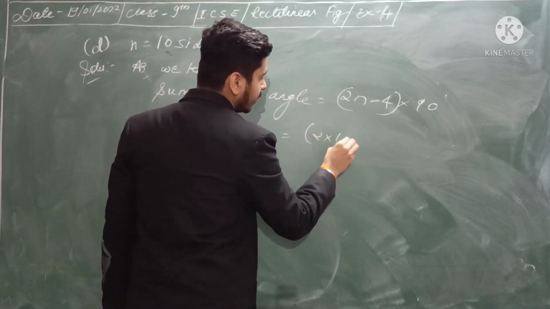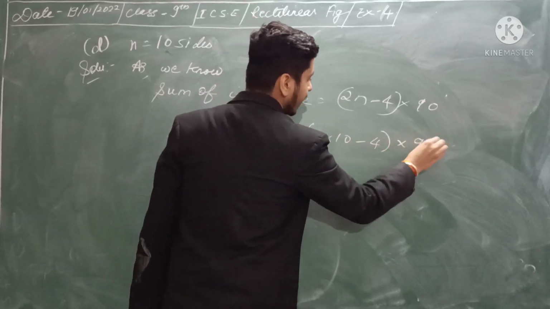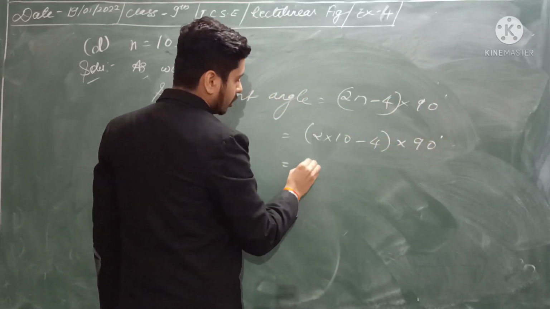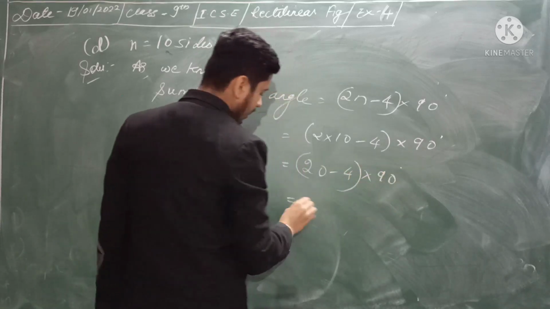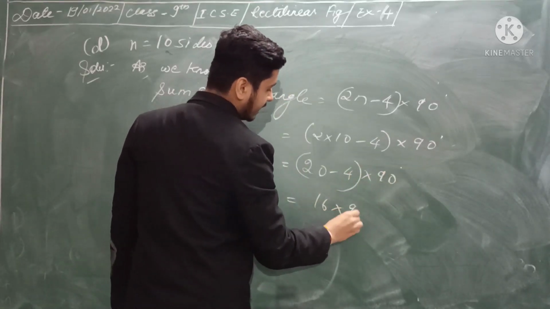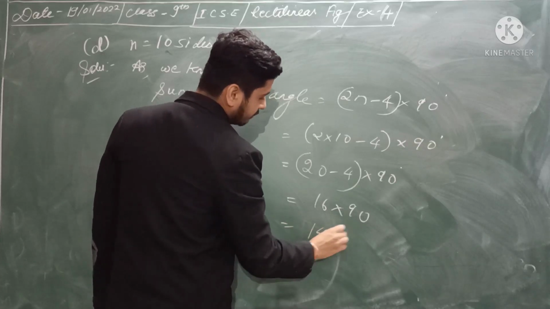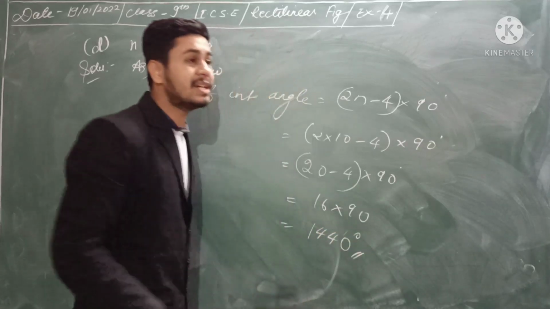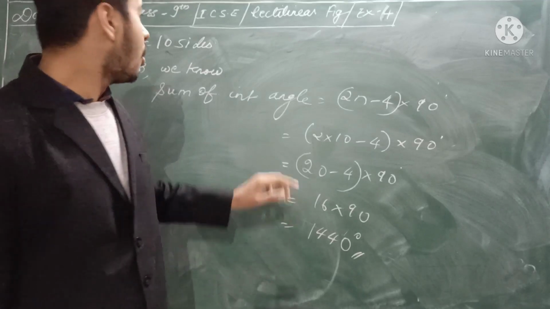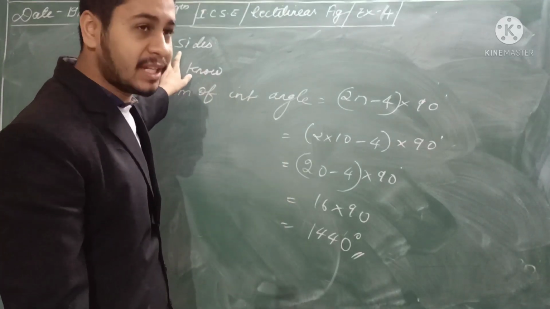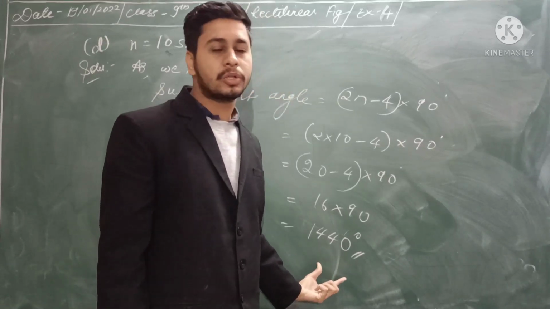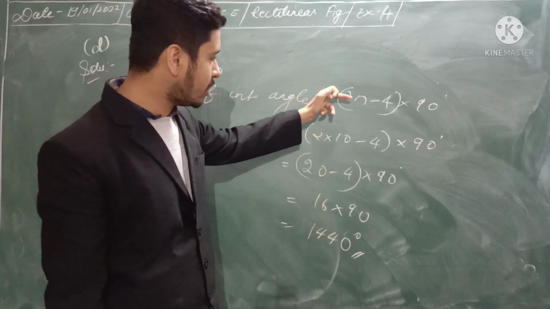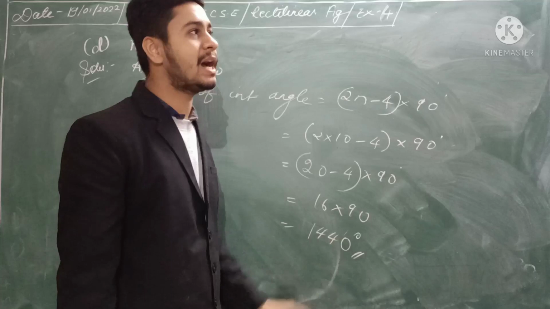So it will be (2 into 10 minus 4) into 90 degrees, which is (20 minus 4) into 90 degrees, and on solving, 16 into 90, 9 sixes are 54... that is 1440. So what will be the sum of all the interior angles of a polygon having 10 sides? It is 1440. So you need to only place the value of n in the formula and get the answer.